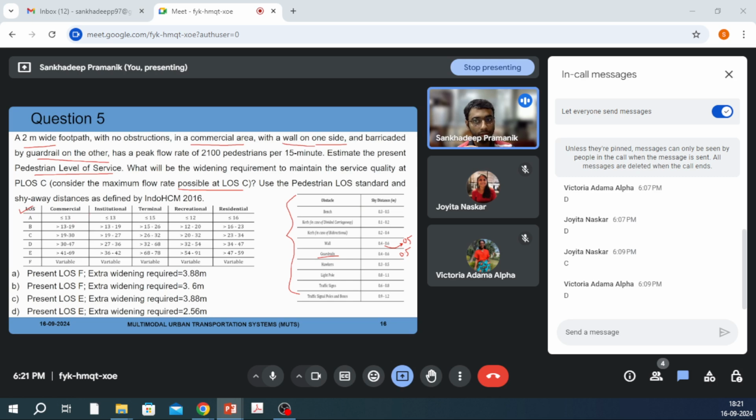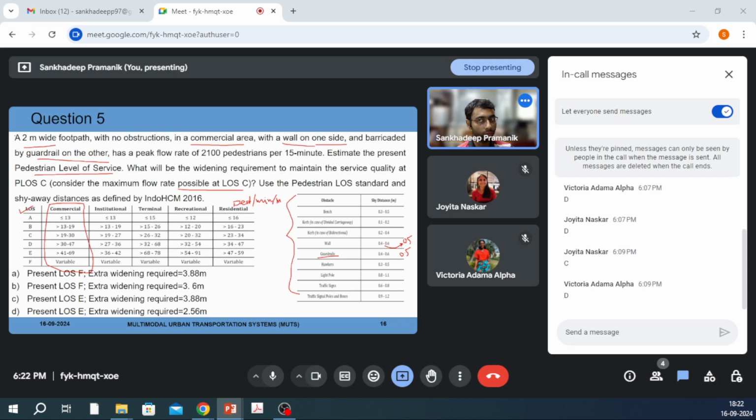In this table, for different locations some values are given, and in this case it is for a commercial area, so we will consider this one. Now the unit in which these values are given is basically pedestrians per minute per meter.